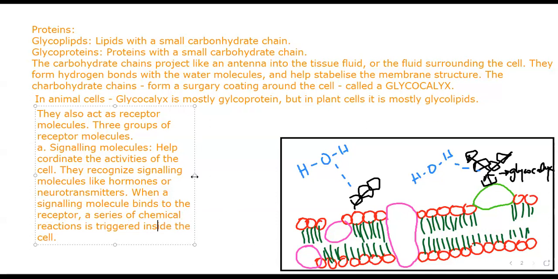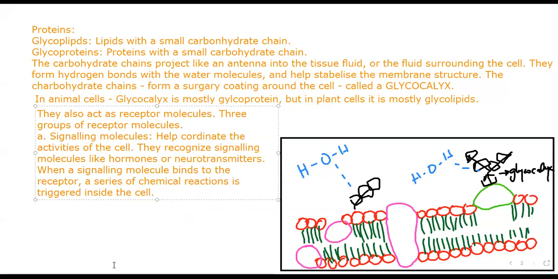For example, if the body is producing glucagon, remember glucagon we studied when we did glucose regulation in IGCSE. Glucagon will bind to the receptor molecules on liver cells, specifically liver cells.